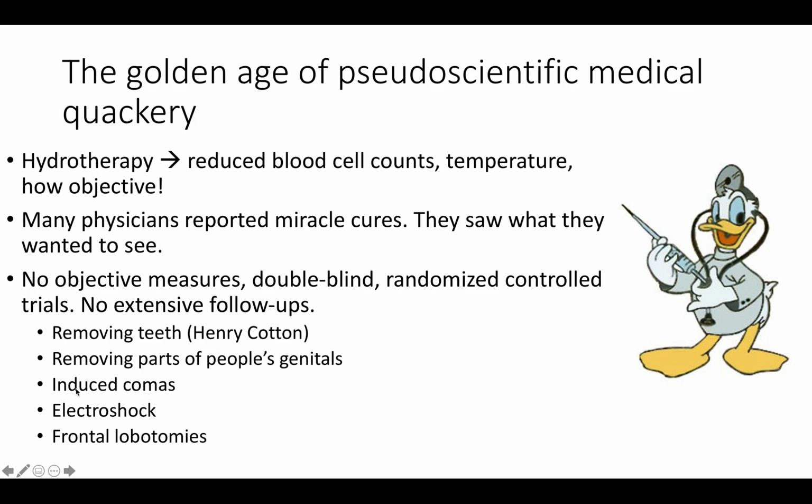You try the coma and voila, this person who was previously a big problem in your life is now bedridden for a while, but after they start to recover, they're a lot more calm.